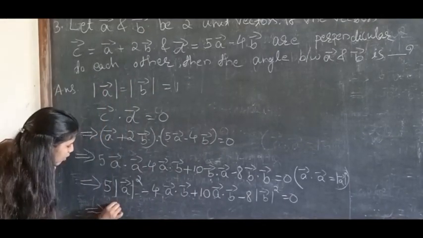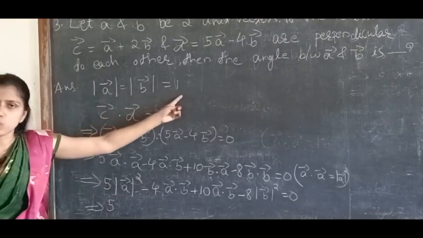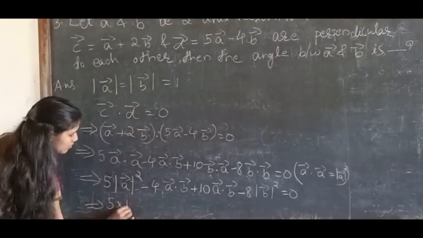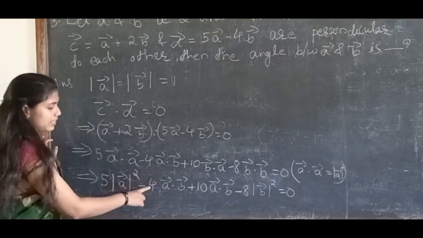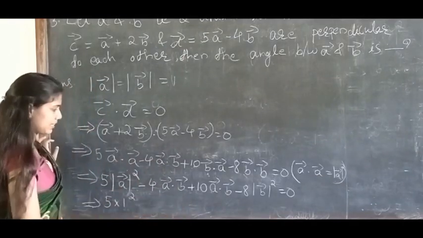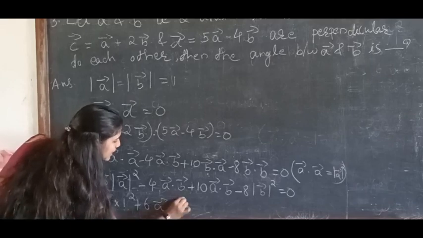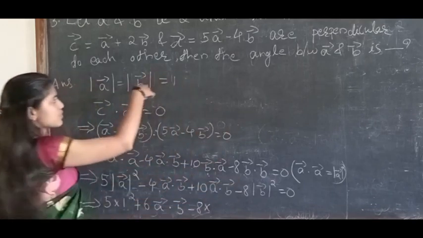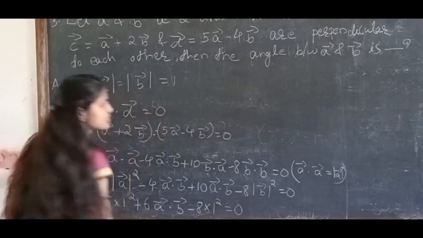Then which implies 5 times mod, we know that mod vector A and mod vector B is equal to 1. Then 5 times mod vector A is 1 square, 5 times 1 square. Then here minus 4 vector A dot vector B plus 10 vector A dot vector B, that is plus 6 vector A dot vector B, minus 8 times mod vector B, which is also 1, that is 1 square, is equal to 0.